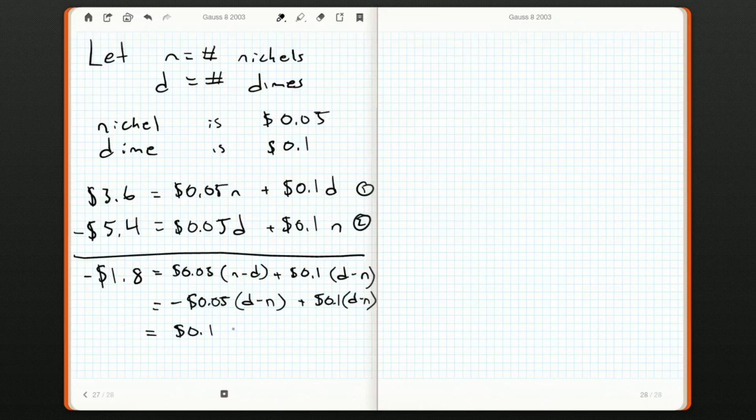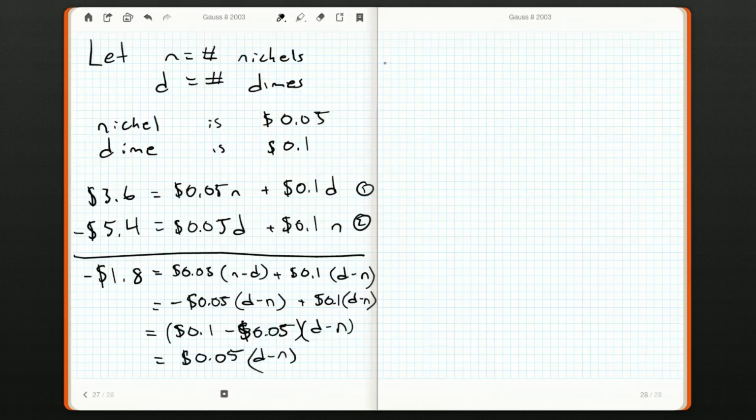So this is going to be 0.1 minus 0.05 times d minus n. But that's just 0.05 times d minus n. Now I can divide and get the difference between my dimes and my nickels.